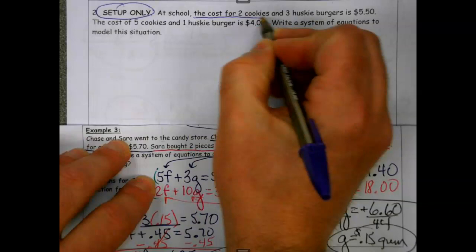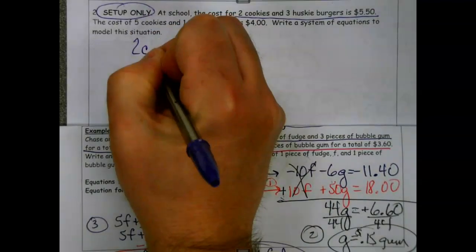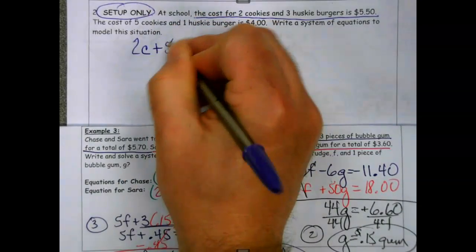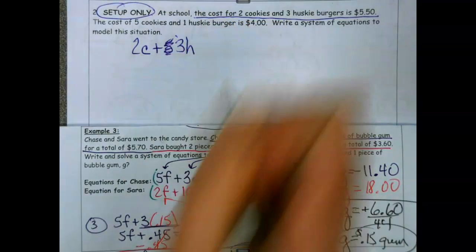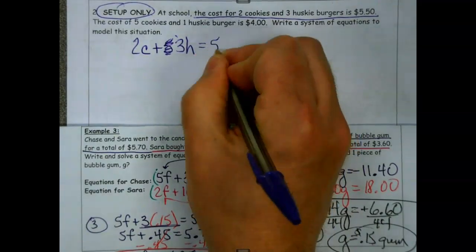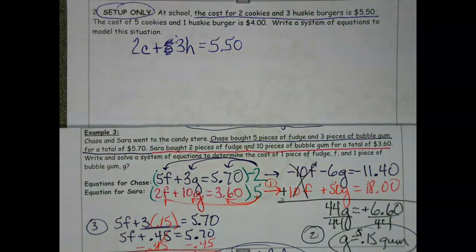The cost for 2 cookies and 3 Husky burgers is $5.50. Okay, following the sentence, just like we did in the example.